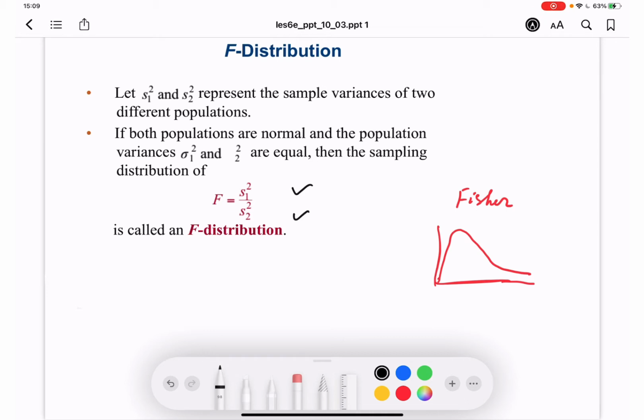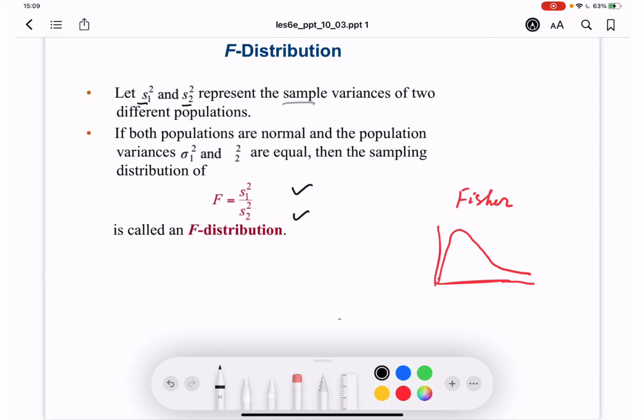We are going to use the variances of samples. Let S1 squared and S2 squared represent the sample variances of two different populations.